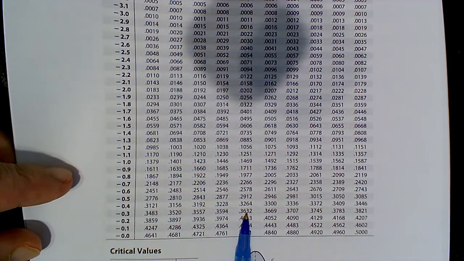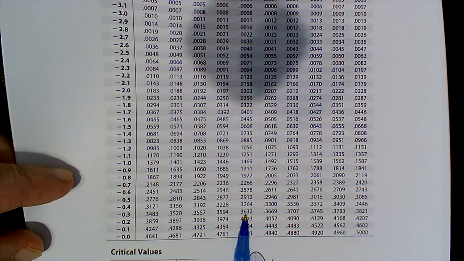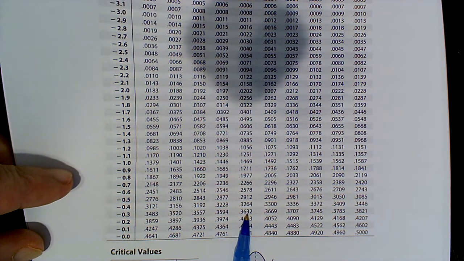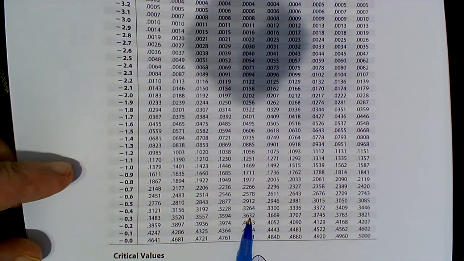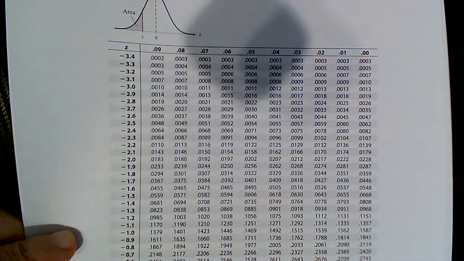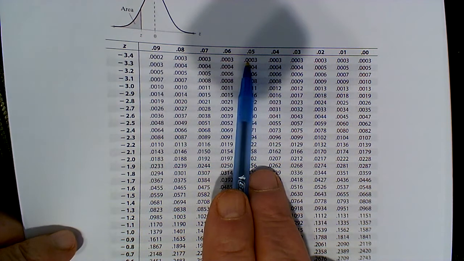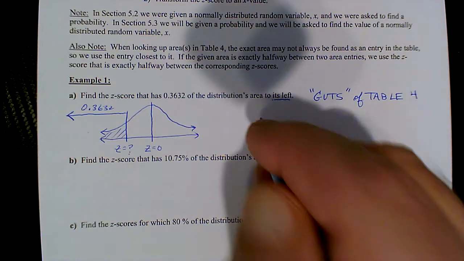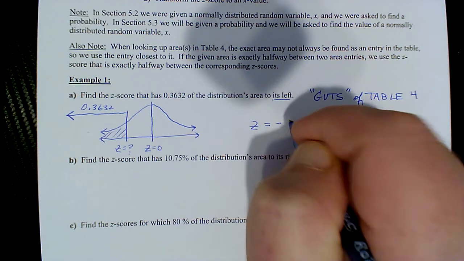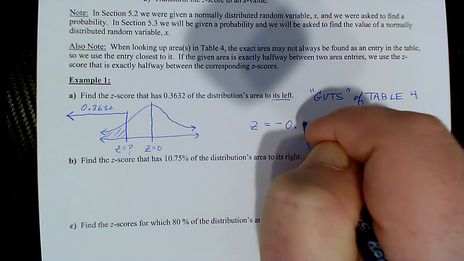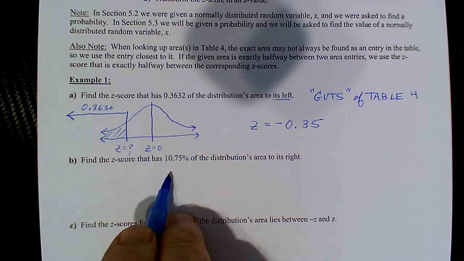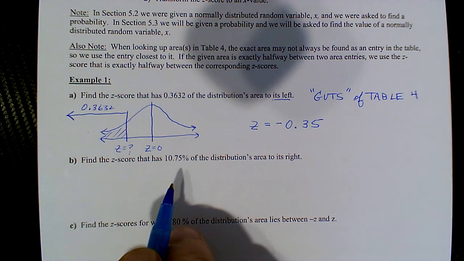So then we read the z-score corresponding to that entry. So the row was negative 0.3 and the column 0.05. And so the z-score we're looking for is negative 0.35.